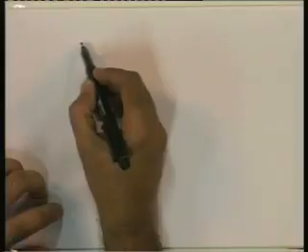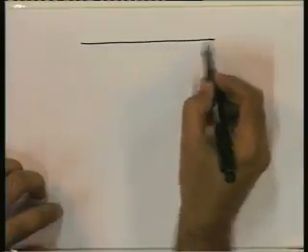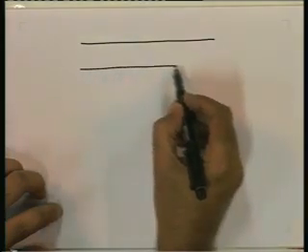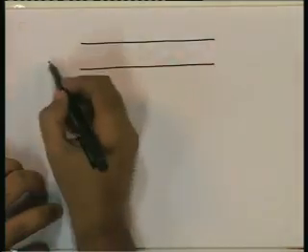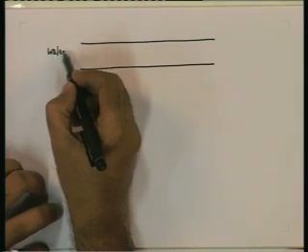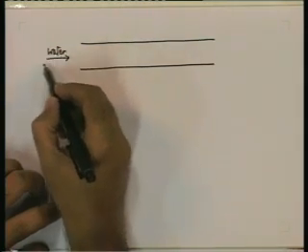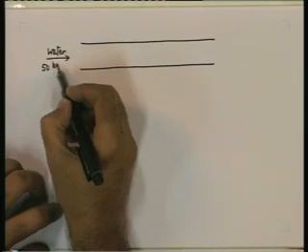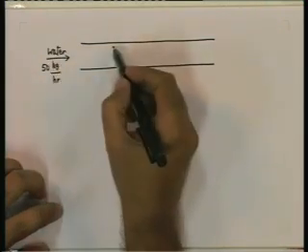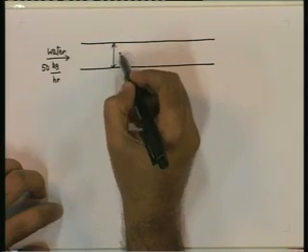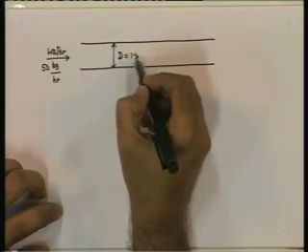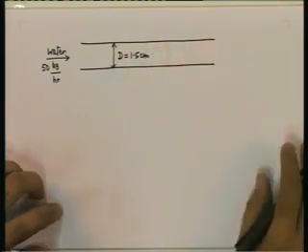Now, let us look at a third problem. Again, we have the same tube, and a similar flow situation. Water flows at a rate of 50 kg per hour through a tube of diameter 1.5 centimeter.